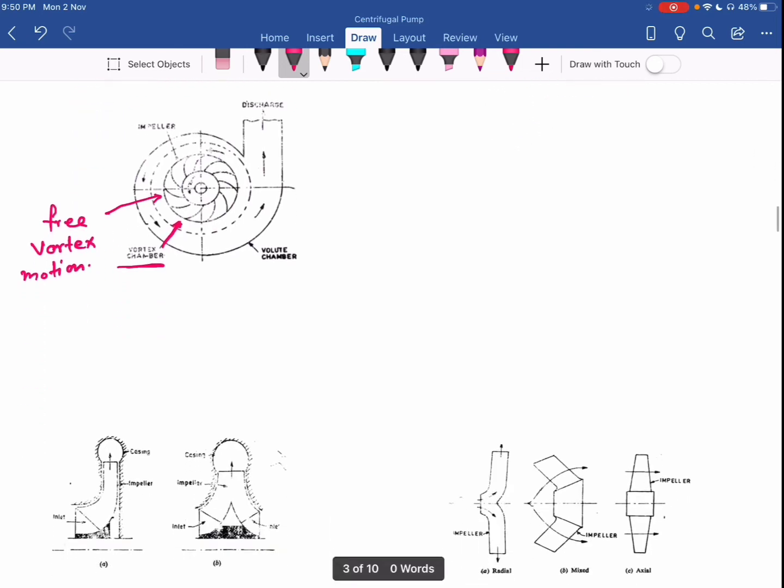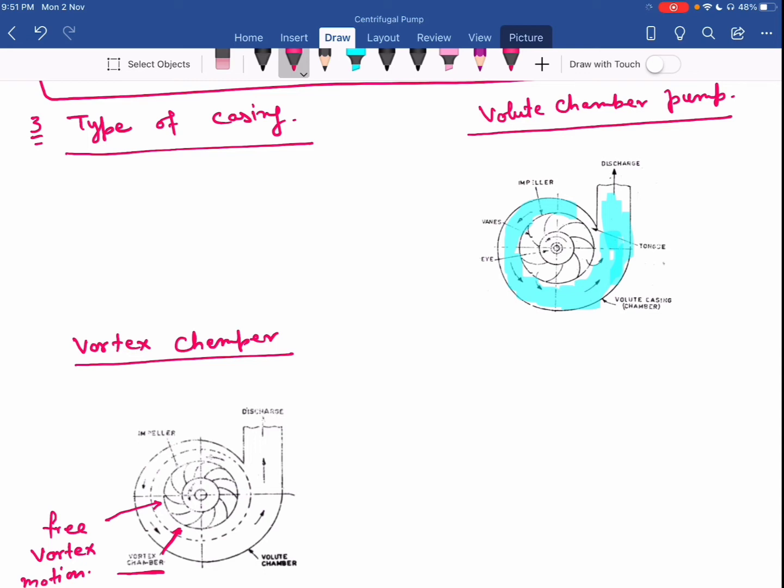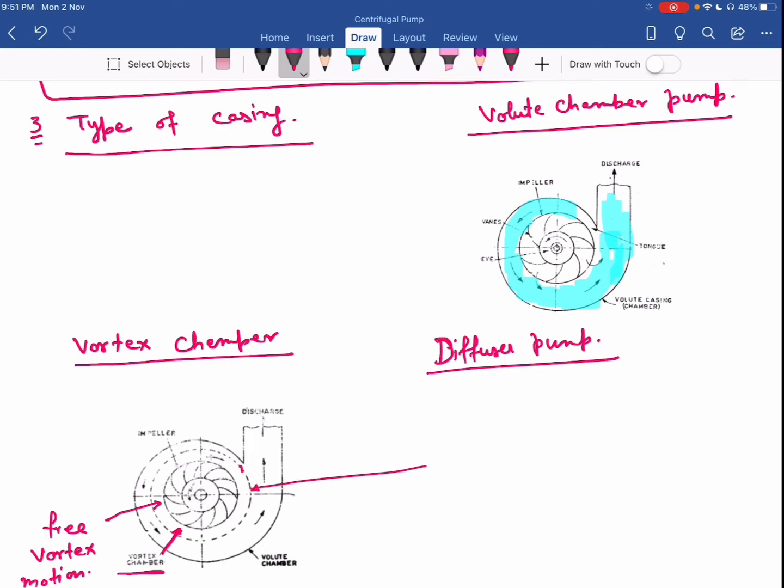The third type of pump, depending upon the casing, is the diffuser pump. In a diffuser pump, the guide vanes are arranged at the outlet of the impeller vanes. Along this whole dotted line, there is a row of blades. Such a pump becomes a diffuser pump.